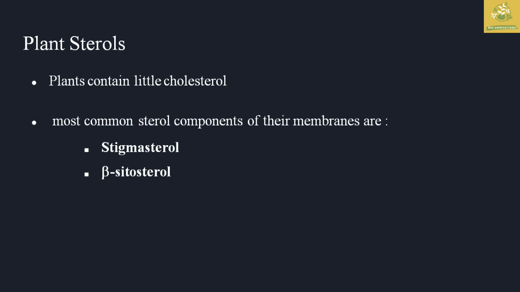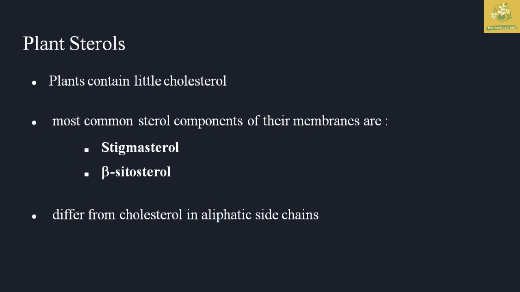The other thing we are going to see is plant sterols. Plant sterols contain little cholesterol, but the most common sterols found in plant membranes are stigmasterol as well as beta-sitosterol. They differ from cholesterol in their aliphatic side chains.